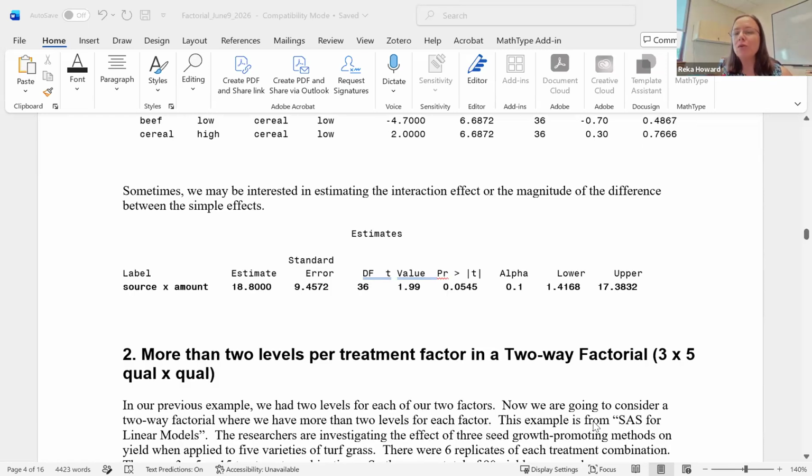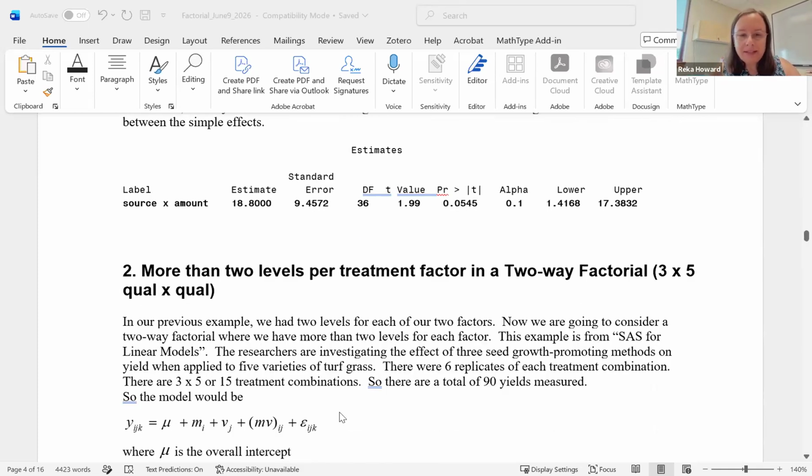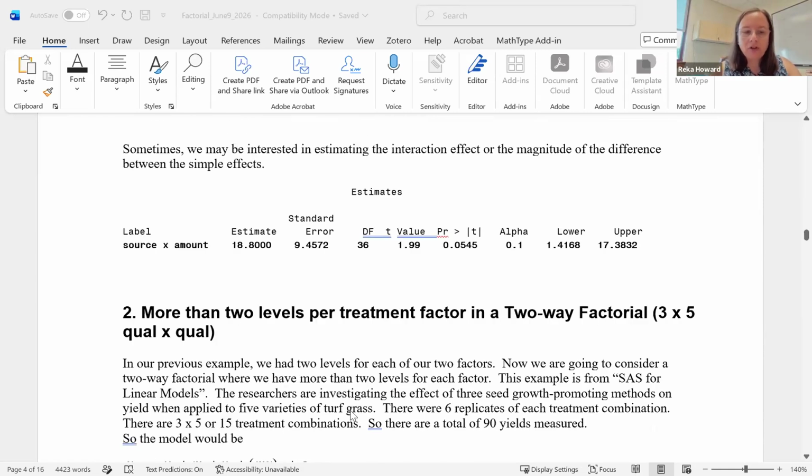So what's the difference? In this talk, I just want to emphasize how we analyze or look at these examples differently and what we have to pay attention to. So in this example, actually, I got this example from a book called SAS for Linear Models.